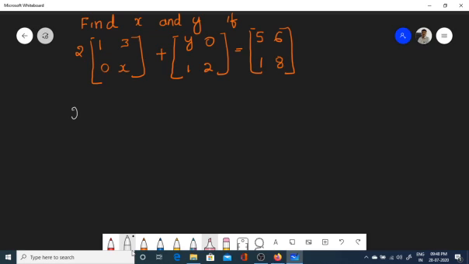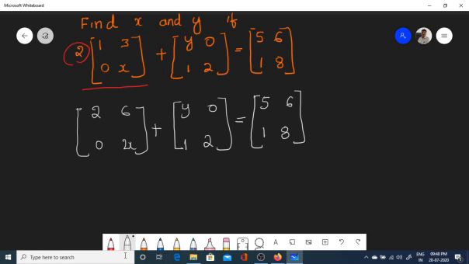So when you take the matrix multiplying this first matrix by 2, that will become 2 6 0 2X, and plus Y 0 1 2, and that is equal to 5 6 1 8.